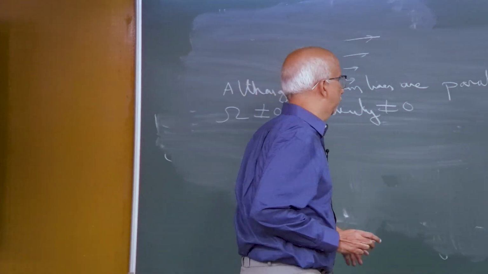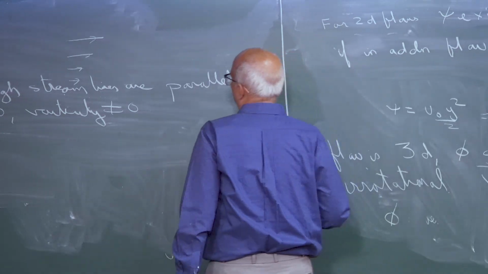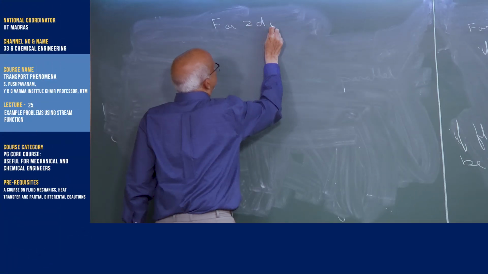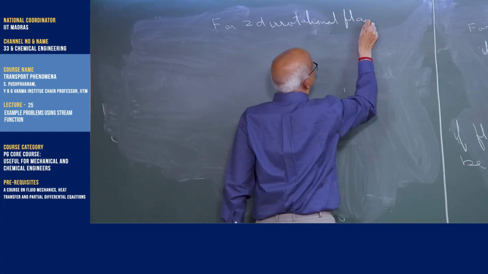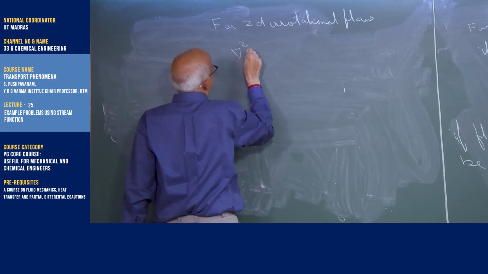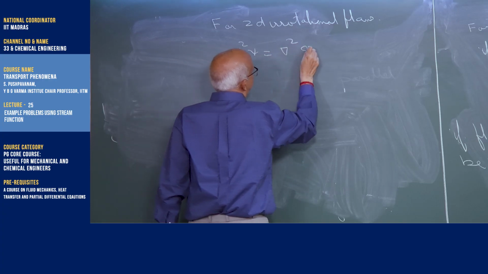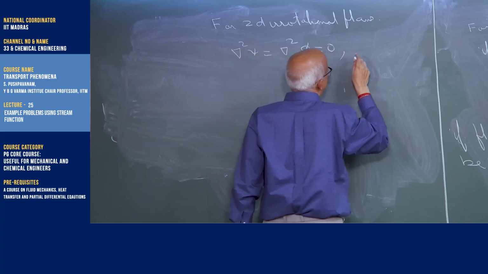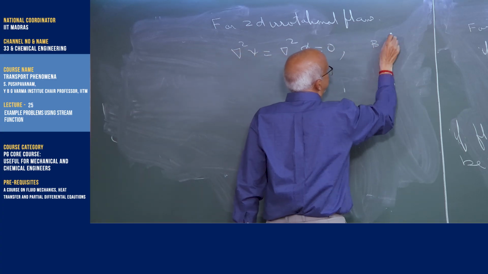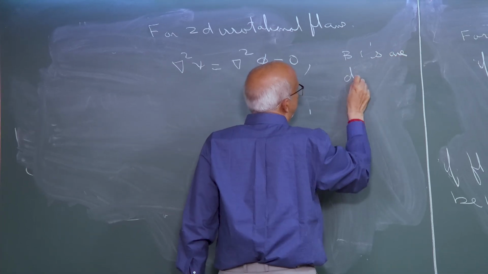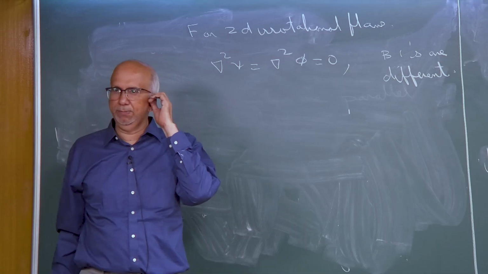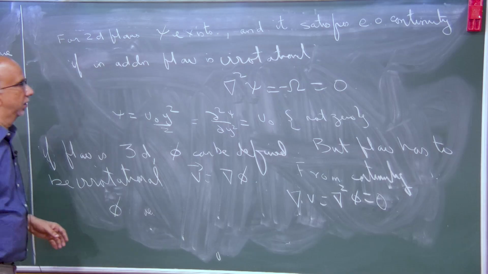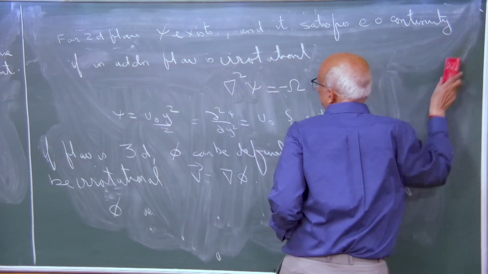So for 2D irrotational flows, del square psi equals del square phi equals 0. The boundary conditions are different. I just thought I should make you understand this, and solving a few problems usually helps.